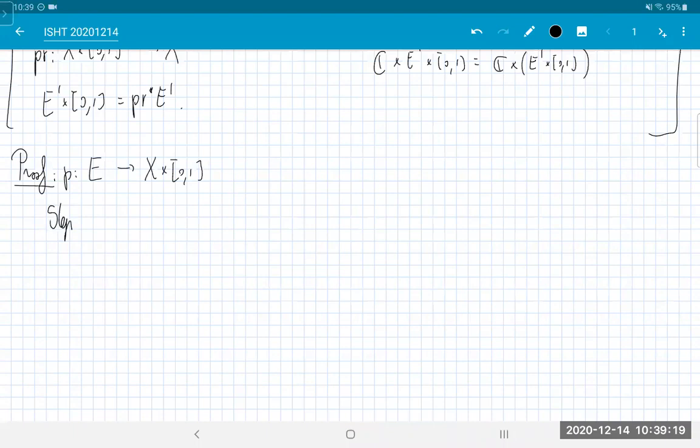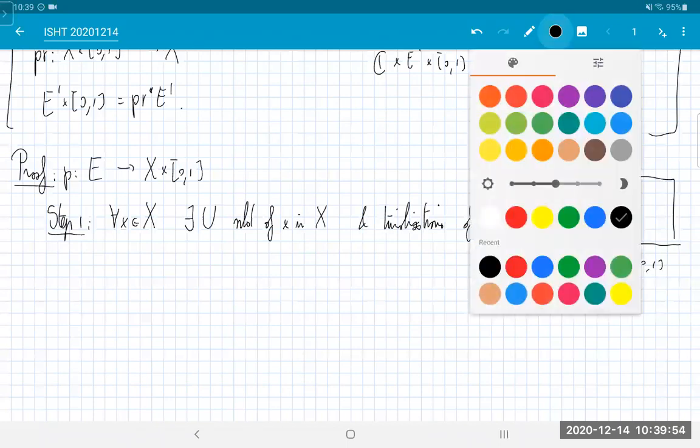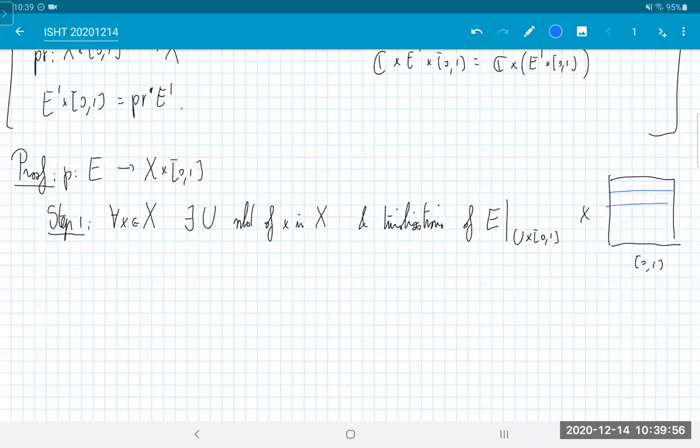Step 1: for each x in X, there exists U a neighborhood of x in X, and a trivialization of E restricted to U times [0,1]. So if you see x times [0,1], I can trivialize things in big strips.